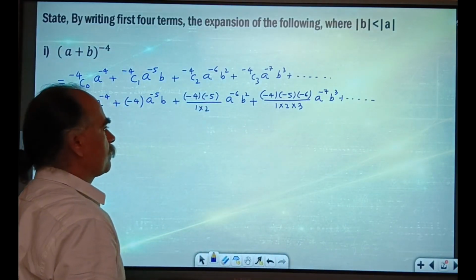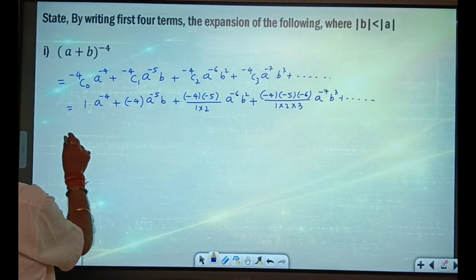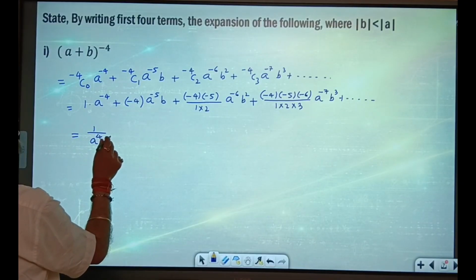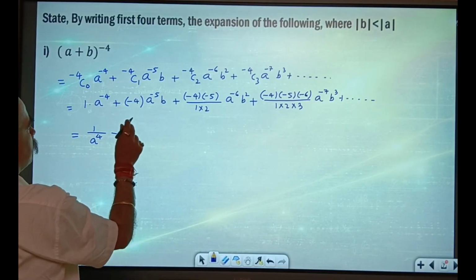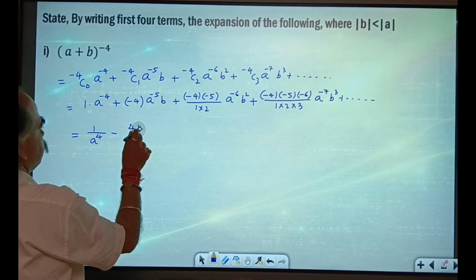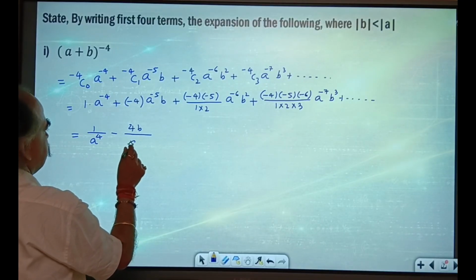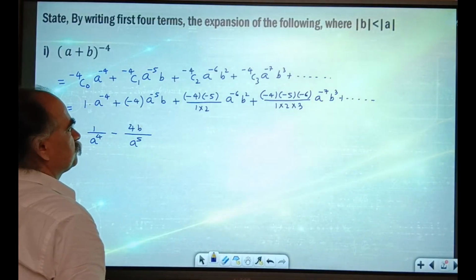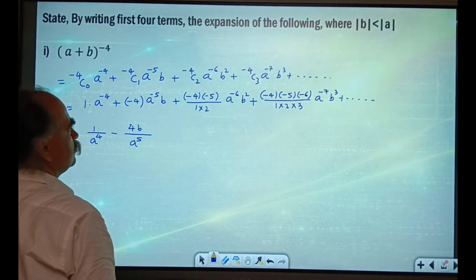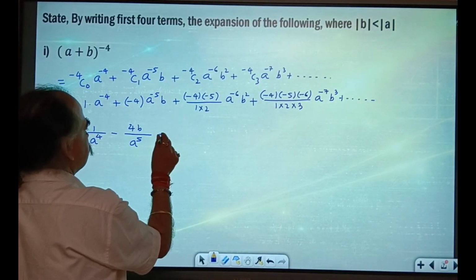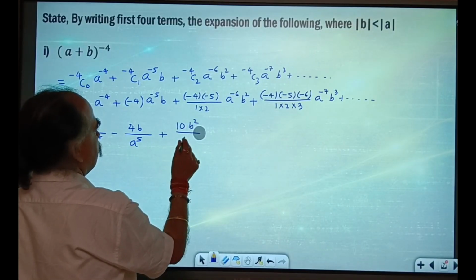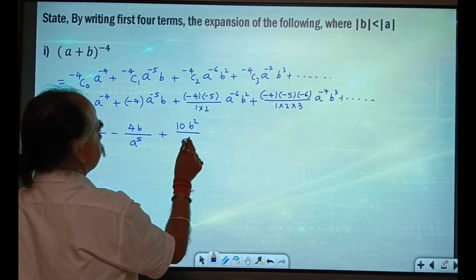Plus 4 will give you 1 upon a raised to 4, minus 4 b upon a raised to 5, minus into minus plus 20 upon 2, 10 b square upon a raised to 6.